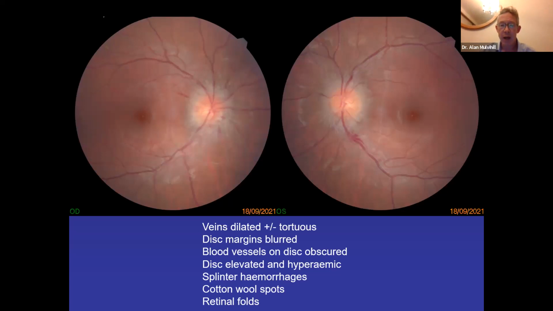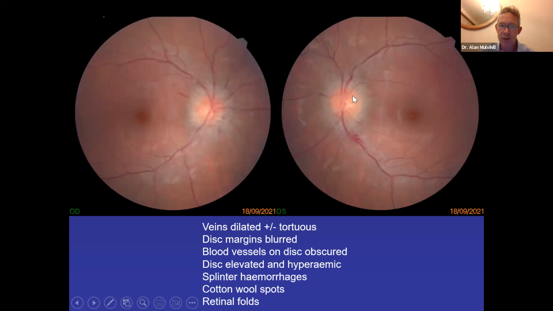So when someone has papilledema, and papilledema is a very specific diagnosis, it means a swollen optic nerve due to raised intracranial pressure. The veins at the back of the eyes, and hopefully you can see my arrow there, are a bit more dilated than normal. The margins or the edges of the optic nerve are indistinct and blurred.